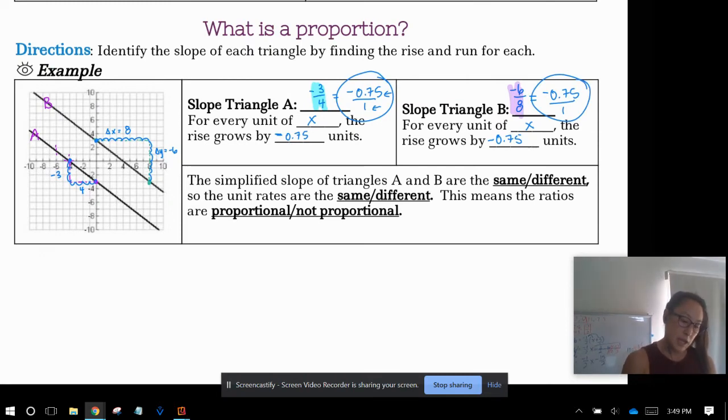So we can say that the simplified slopes of A and B are the same. So the slope unit rates are the same. This means that the ratios are proportional. So when the two slope triangles reduce down to the same number, your ratios are proportional. They are the same or equal value.